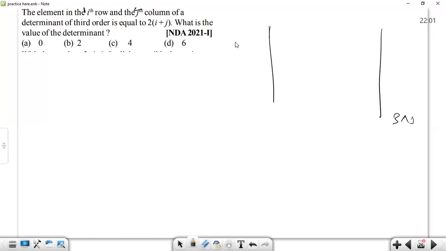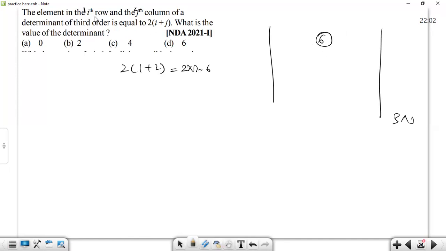So the element in the first row and second column is equal to 2 into 1 plus 2, so 2 into 3, that is 6.